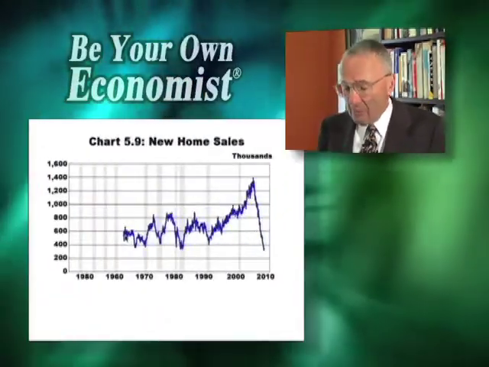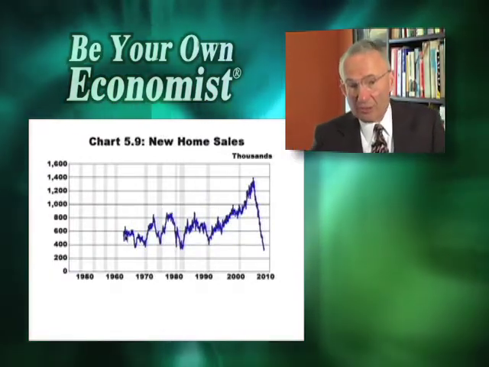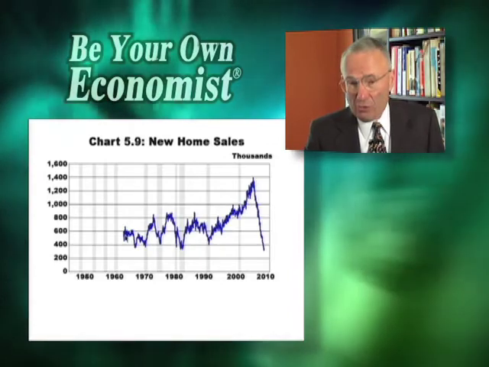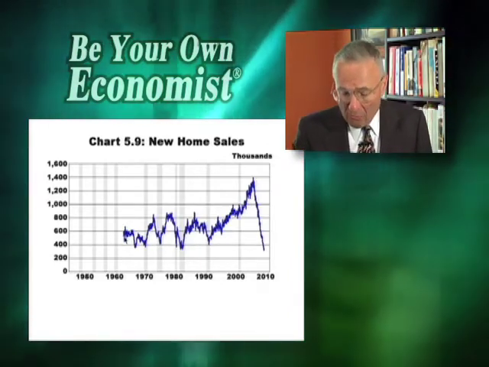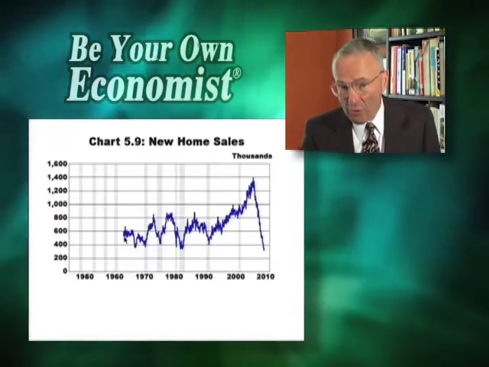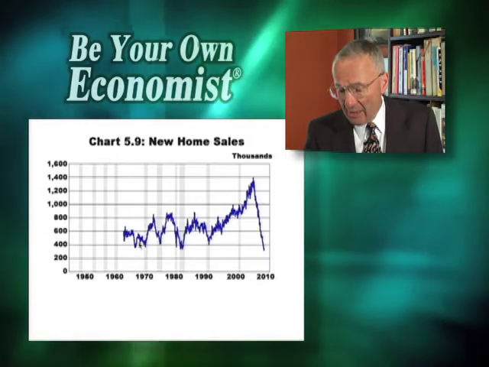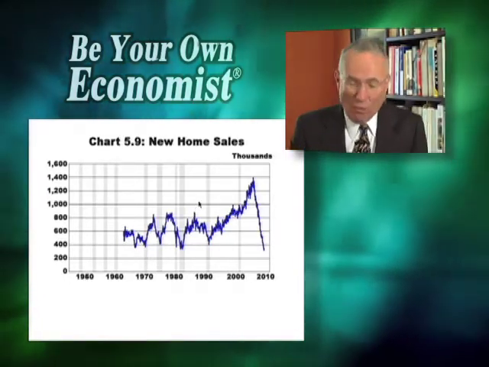So take a look now at chart 5.9, which shows new home sales. And of course, you'll find that chart available to you right there in the module that you have before you on your computer. Let's make sure that everybody sees this the same way.